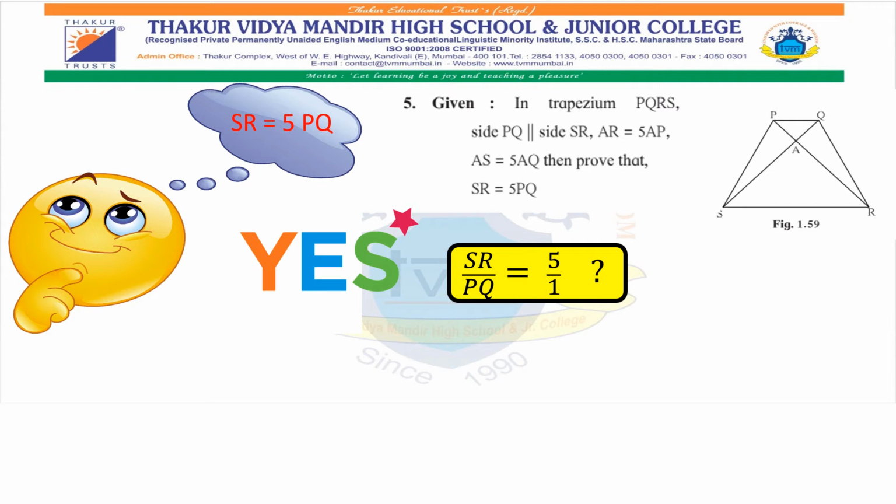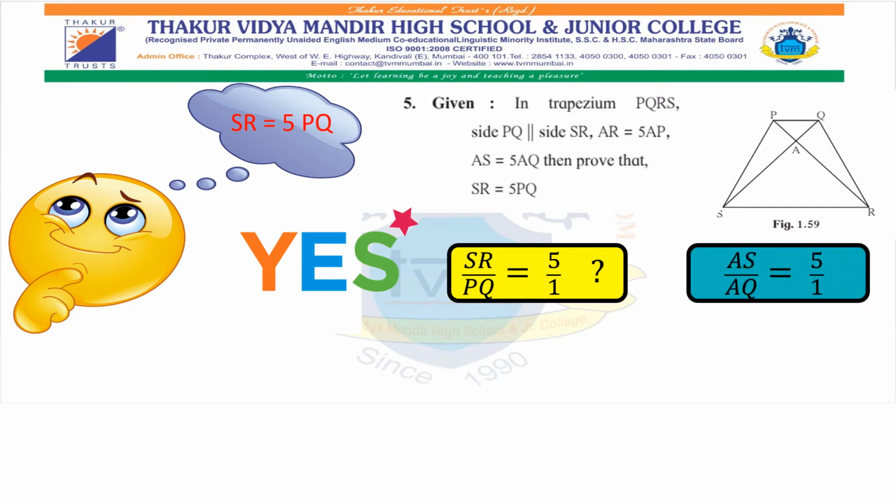If we do cross multiplication, we'll get SR is equals to 5 PQ. That means I should prove SR upon PQ is equals to some ratio which is already 5 upon 1. So you already know in your question it is given AR is 5 AP and AS is 5 AQ. That means AS upon AQ I can write as 5 upon 1.